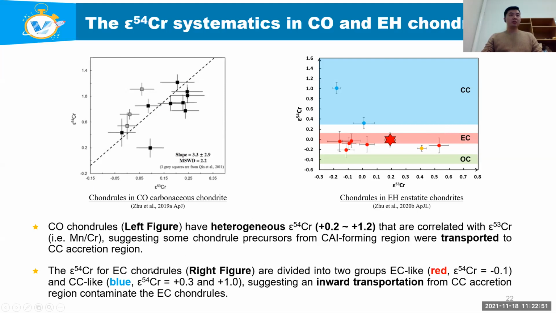And in the right figure, we can see the 2 anomalous ones. Some enstatite chondrules have CC-like epsilon 54 chromium values. So maybe this suggests an inward transportation from the CC accretion region to the EC accretion region.